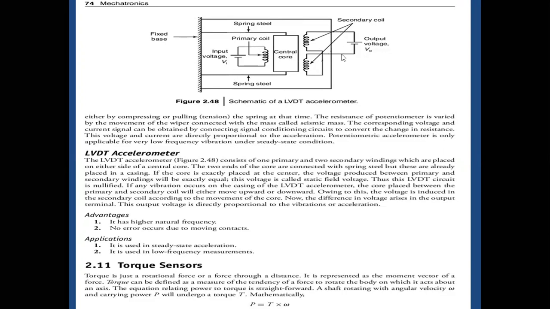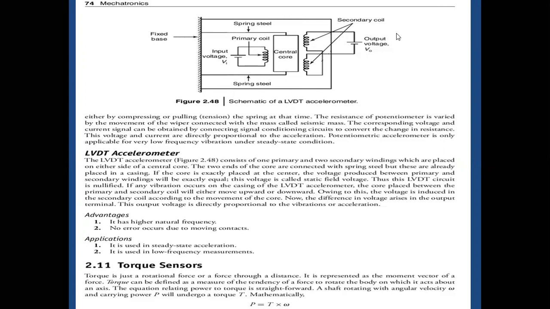Here also, whenever the central core is displaced by some amount, it leads to a change in EMF and then a change in voltage, which is observed by the voltmeter.